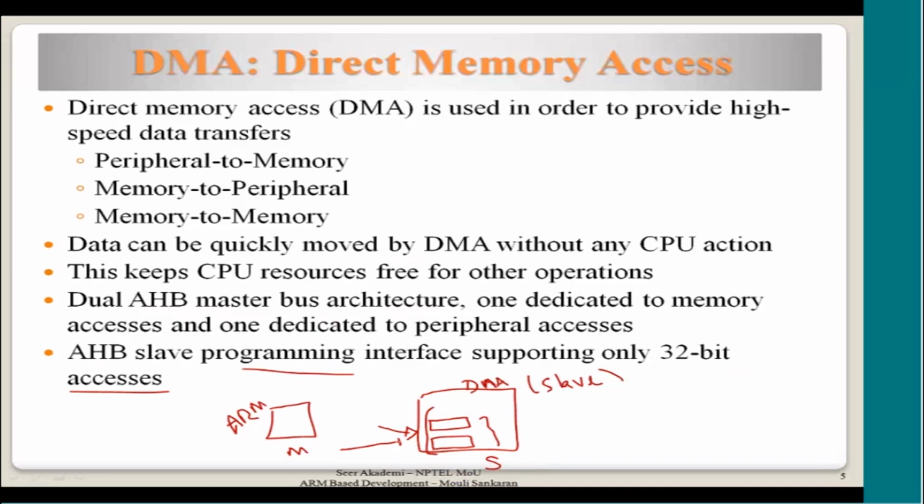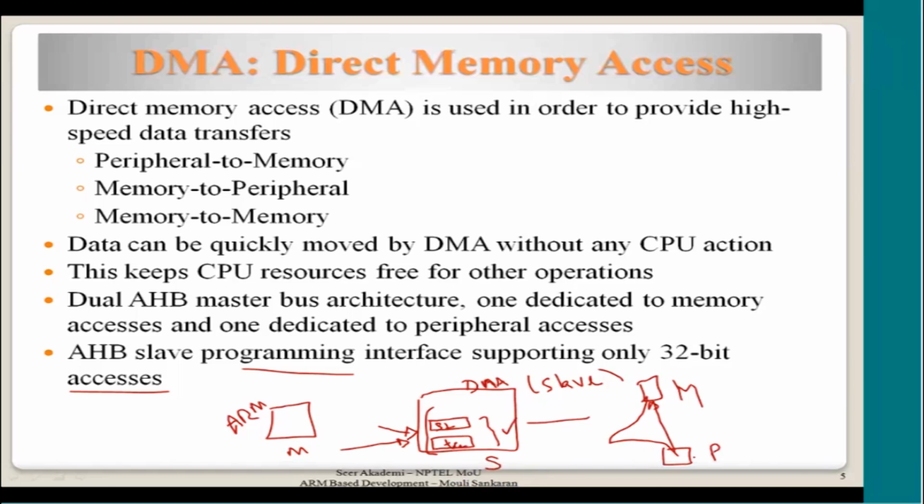So it is writing into it saying this is the starting address and this is the length of the data. And then once this is done, the DMA starts interacting between memory and peripheral and performing a transfer. The peripheral data comes to the DMA and then goes there. There is a transaction initiated by DMA between memory and the peripheral.